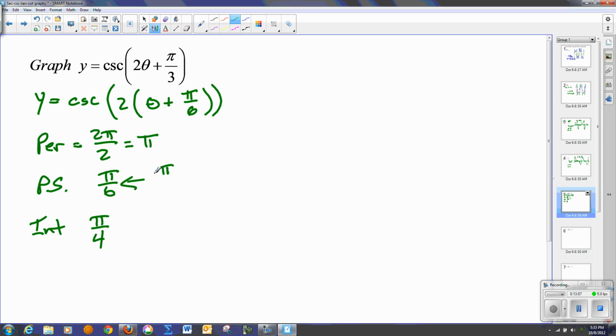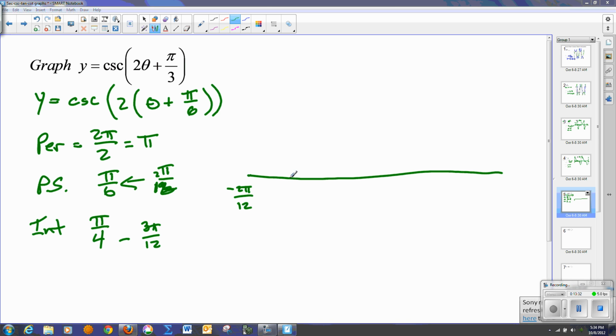So this is 2 pi over 12. And this is 3 pi over 12 for my intervals. So here we go. I'm going to back up to negative 2 pi over 12. And I'm going to add 3 pi over 12 every time. Adding 3 pi over 12 gives me pi over 12.